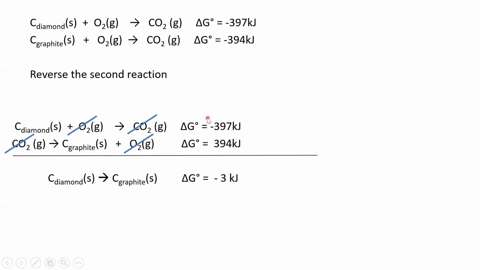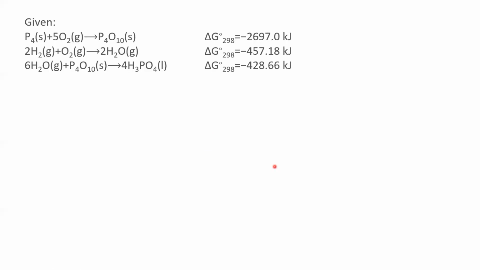So we just have to add up our delta G values for the manipulated equations, and that's going to give us the delta G for the reaction. And because it's negative, this reaction is a spontaneous process. Although, again, spontaneous doesn't mean instantaneous. This takes billions of years to take place, but it would take place on its own without being forced to take place. So let's look at another one.